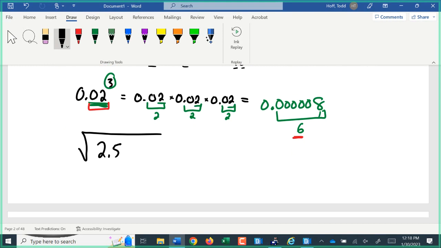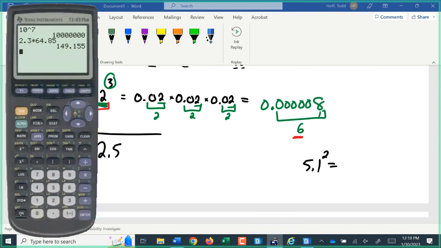If we square a decimal with 1 decimal place, we're going to get 2 decimal places. If we have 5.1 squared, here we go, we end up getting 26.01. We get 2 decimal places.